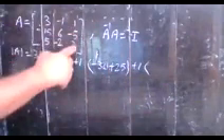First of all, find the value of the determinant of A and check whether the inverse exists or not. How do you find it? Expanding with respect to R1: 3 into (12 minus 10), plus 1 into (eliminating first row and second column) minus 30 plus 25, plus 1 into (eliminating first row and third column) 30 minus 30.